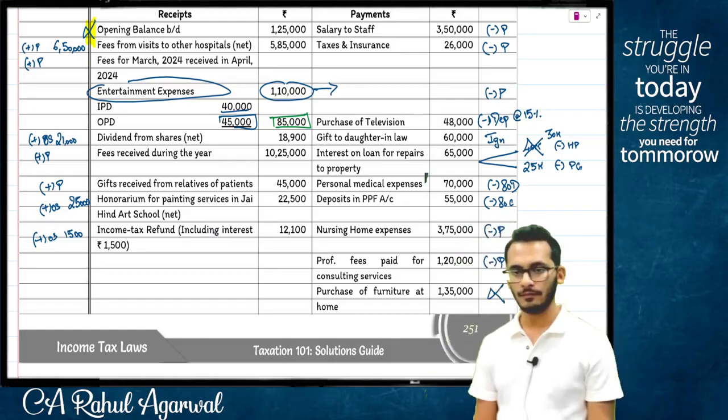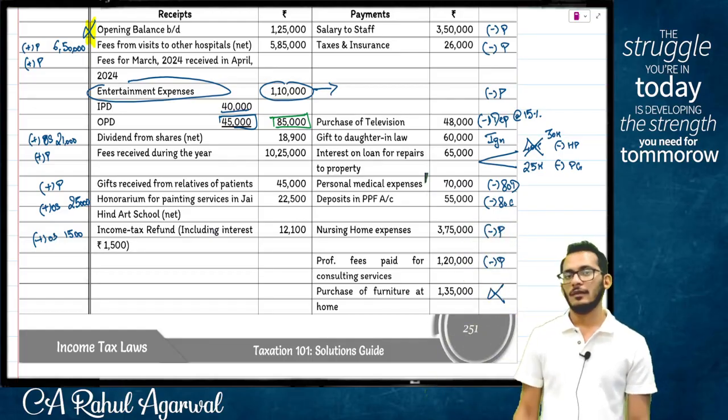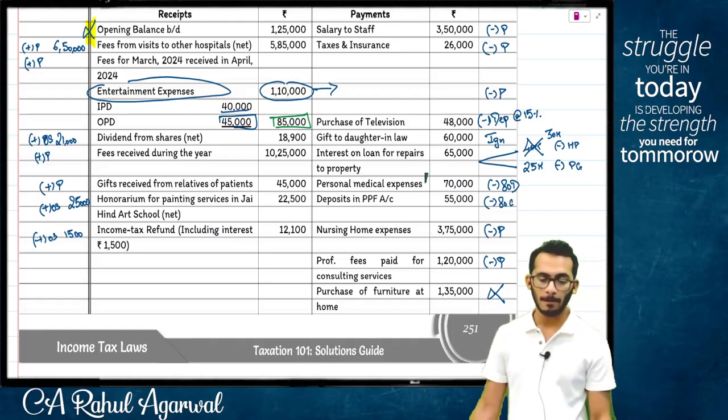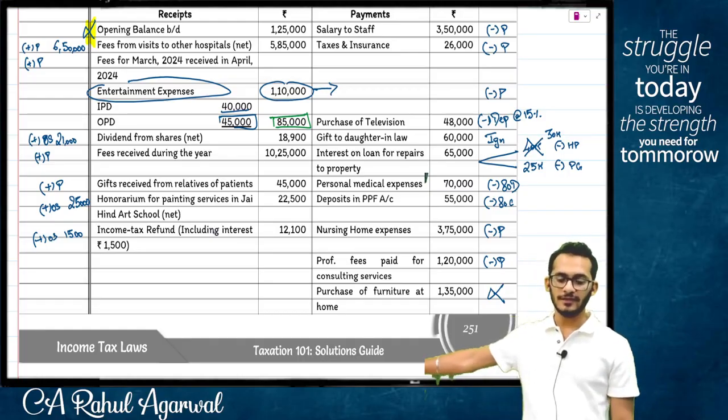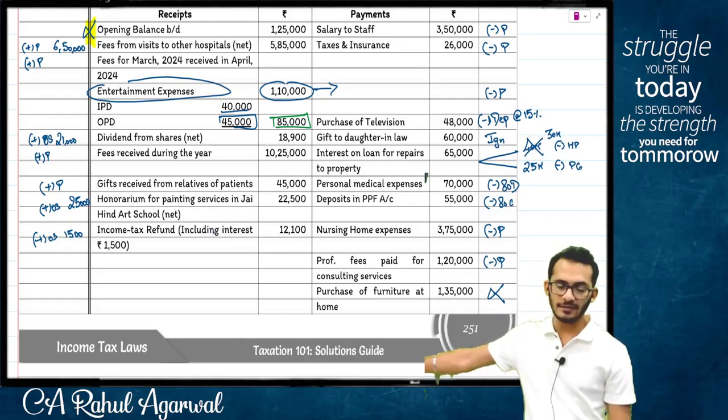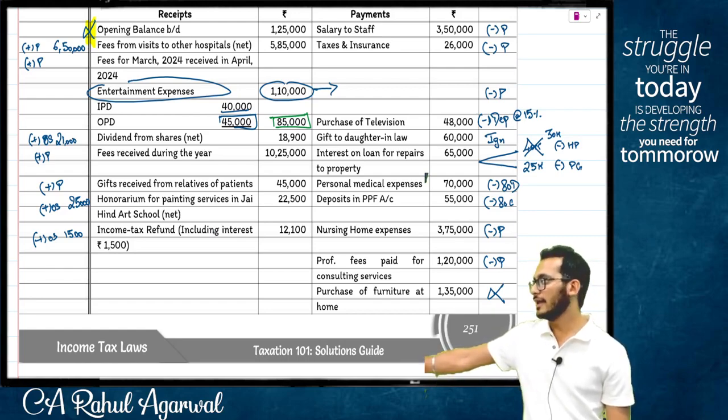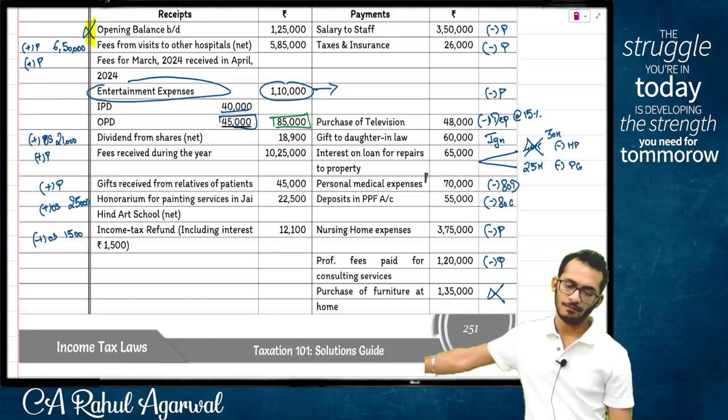Second column. Yes, point number 2, honorarium of paintings. It is 22,500 by 90 percentage, 25,000.